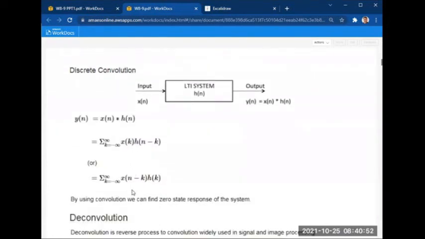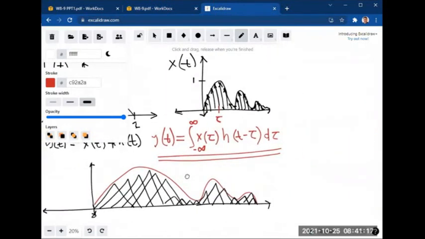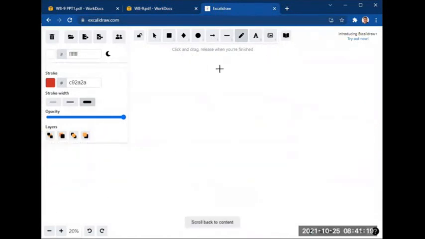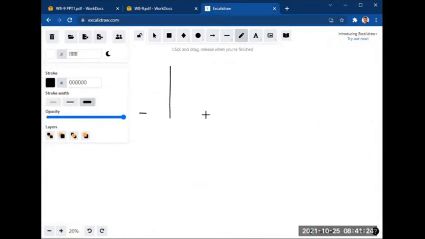So next, we have our discrete convolution. What is the difference between discrete convolution and continuous convolution? For the discrete convolution, the input signal is discrete. At the same time, the impulse response is also discrete. For example, we have our h of t.